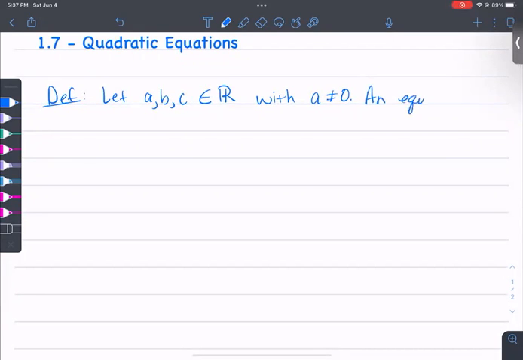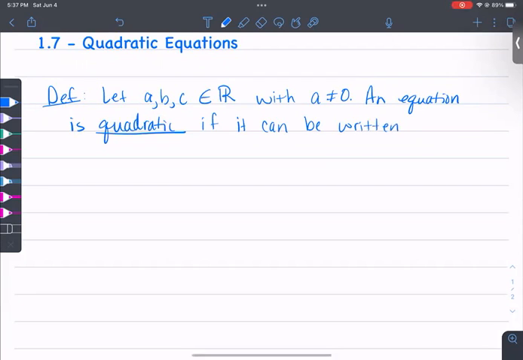An equation is quadratic if it can be written in the form ax squared plus bx plus c equals 0.